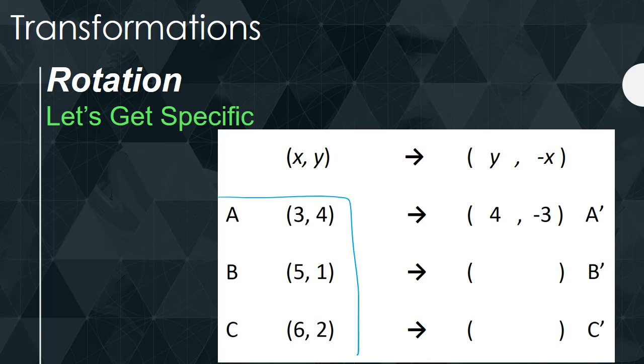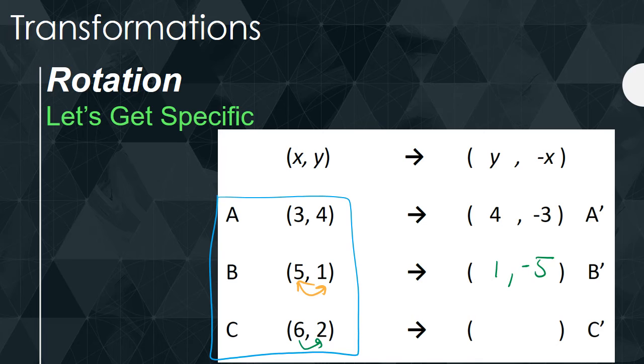And we have our original A, B, and C points. Just like we did for the rotation of 90 degrees counterclockwise, to go clockwise, let's flip our points. So for B, we're going to flip it, 1 and 5, and then make 5 negative because we're going to multiply that by -1.